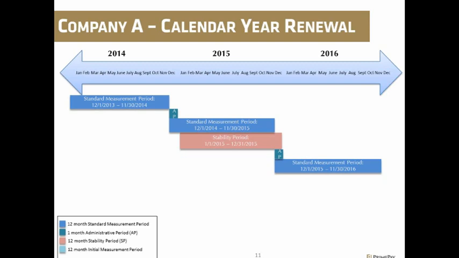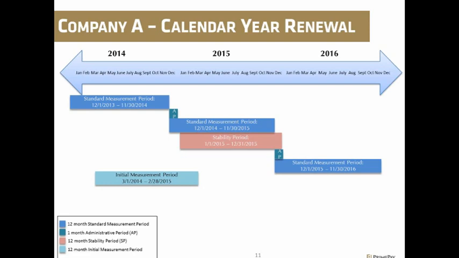Now let's look at a new hire. We have these standard measurement periods going on each and every year for all the ongoing employees, but we hire someone as of March 1st of 2014. The initial measurement period, for 12 months, begins for the new hire as of March 1st.